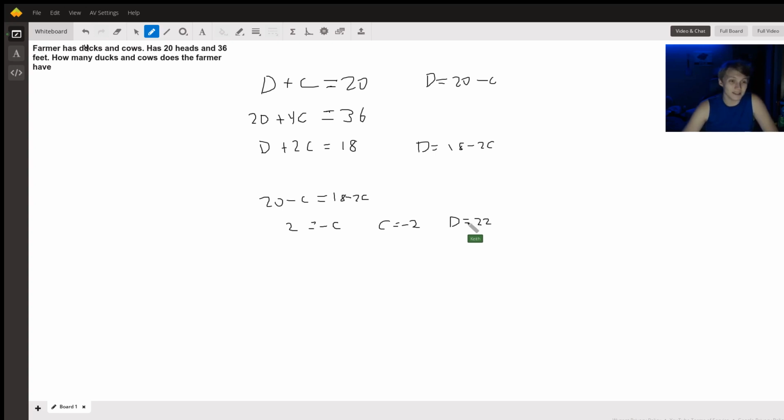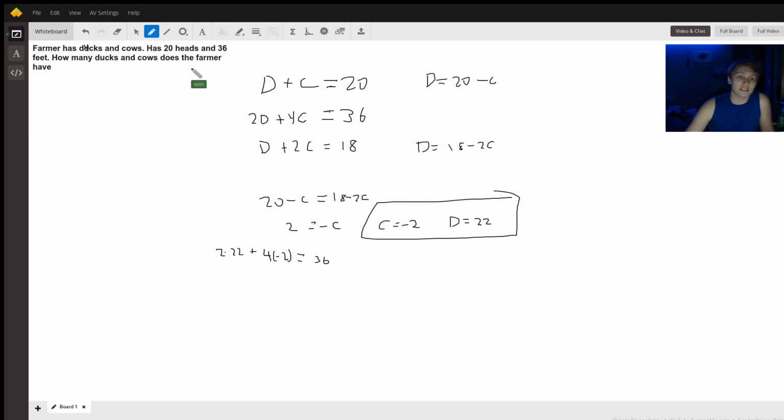And if every cow has 4 feet, that's 2 times 22, plus 4 times negative 2. This equals 44 minus 8, which is 36. So these numbers are right. You shouldn't have negative 2 cows. I think that's illegal, if I'm being honest.